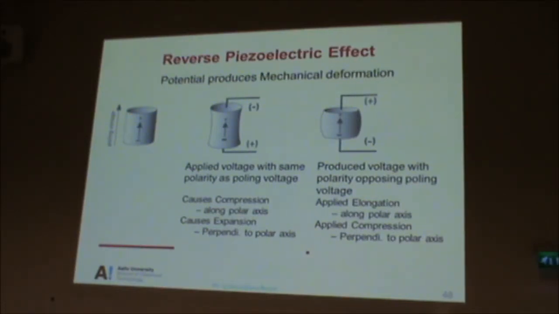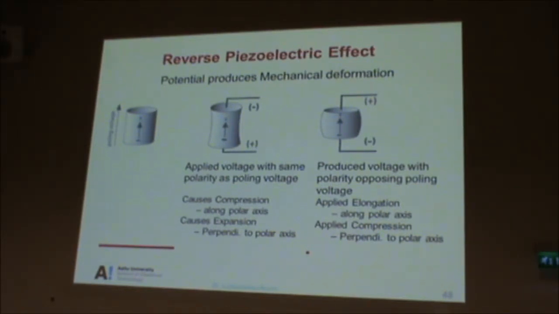You have a material that has been subjected to poling, and it has a poling voltage. Now, instead of measuring voltage, let's say you're connecting it to a battery or applying voltage, and depending on the polarity, positive-negative or negative-positive, the poled material undergoes a transformation either vertically or horizontally.